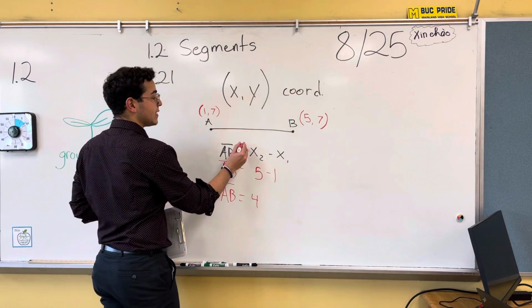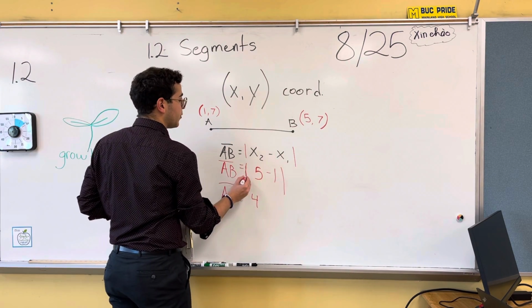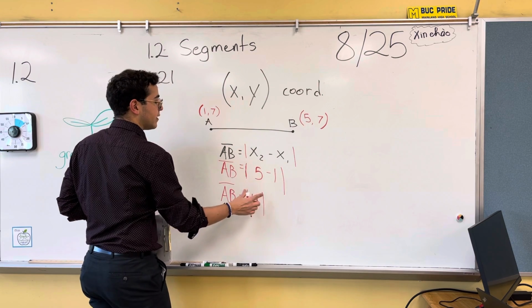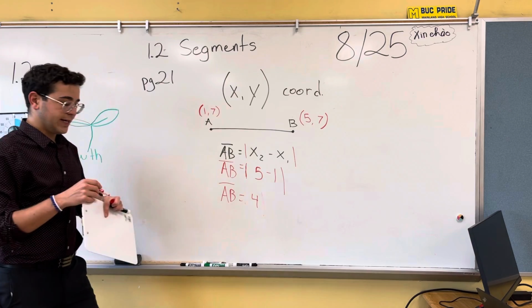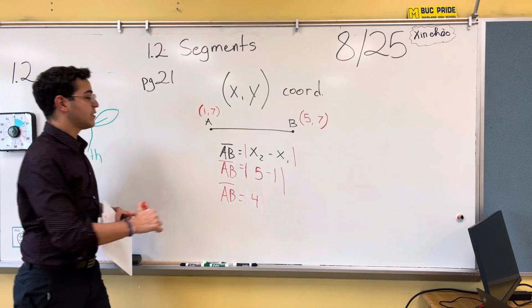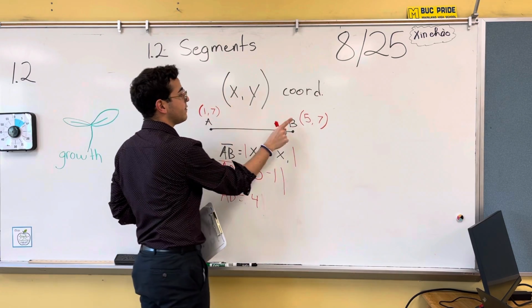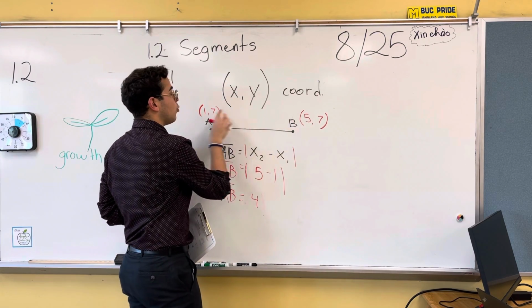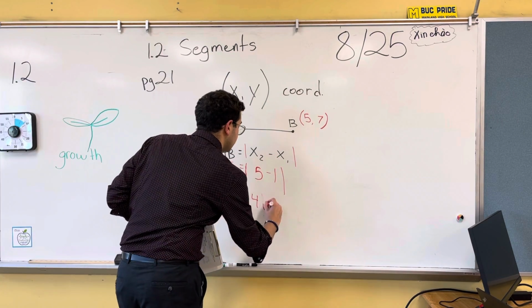And remember, this is an absolute value, which means at the end, our answer will be positive. We already have a positive 4, so we don't have to worry about that. But in the future, let's make sure our answers are always positive when we talk about distance. So because the value of x is 1 here and the value of x is 5 here, 1 to 5 is 4 units. So that's the total distance.